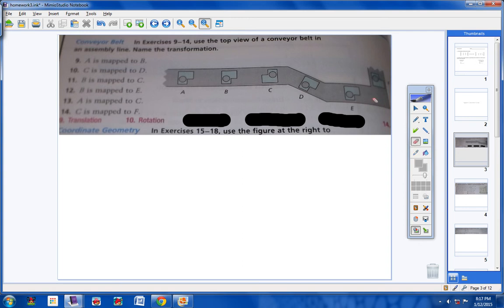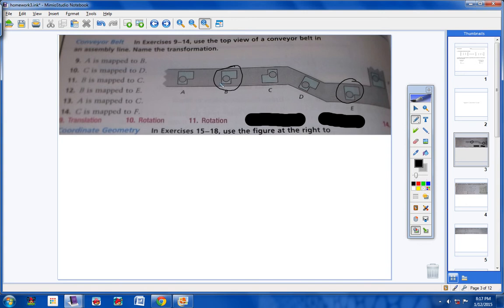Alright, moving on to number 12. We're looking at B compared to E. Now, first of all, is this object here facing the same direction as the original object?